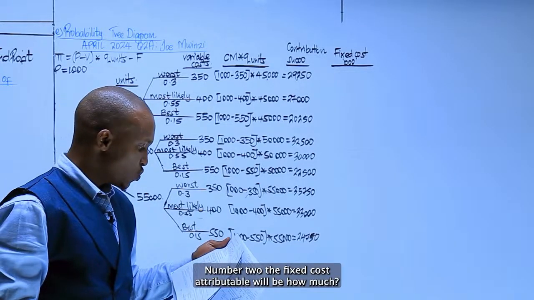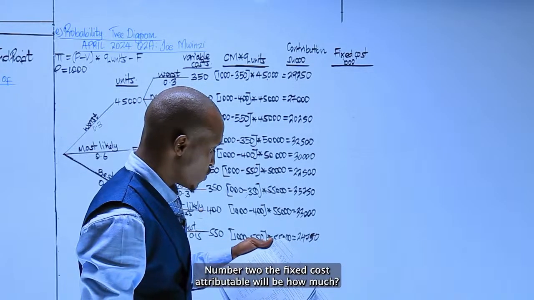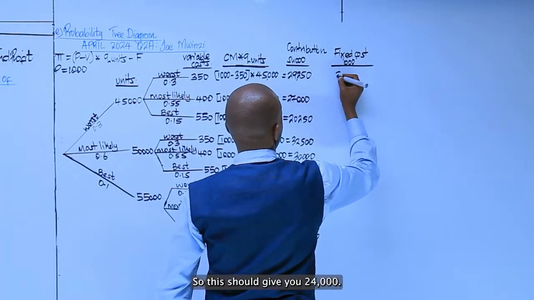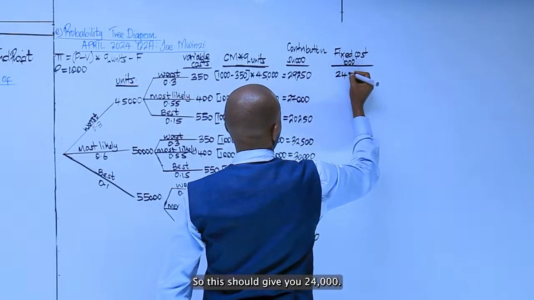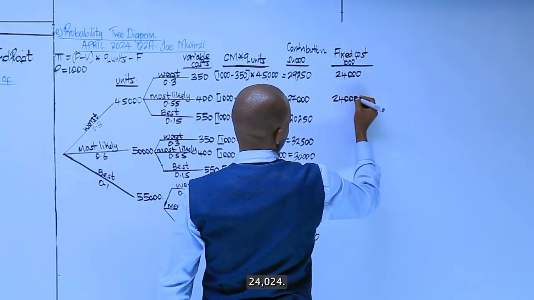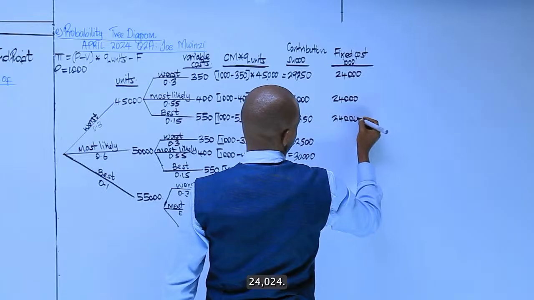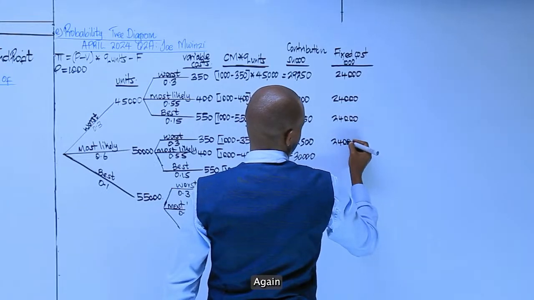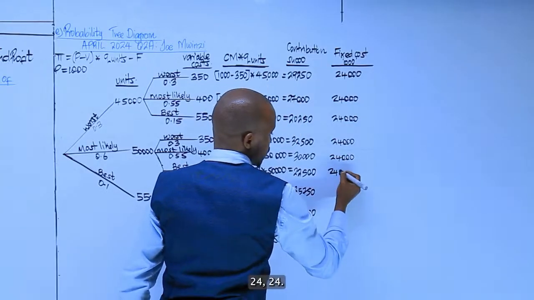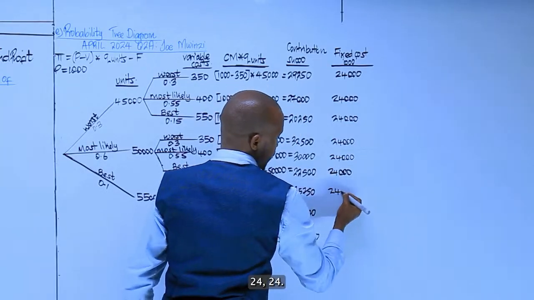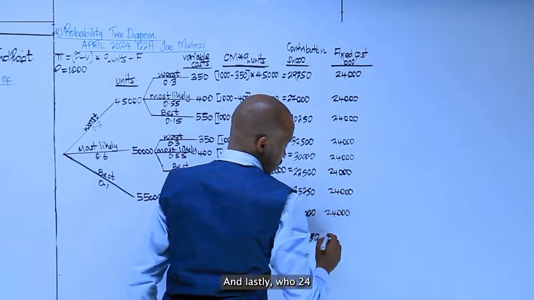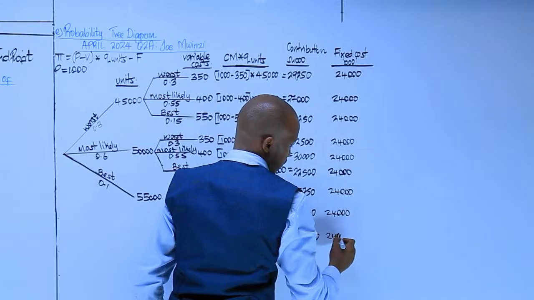Note number 2, the fixed cost attributable will be 24 million. So this should give you 24,000, repeated for each scenario.